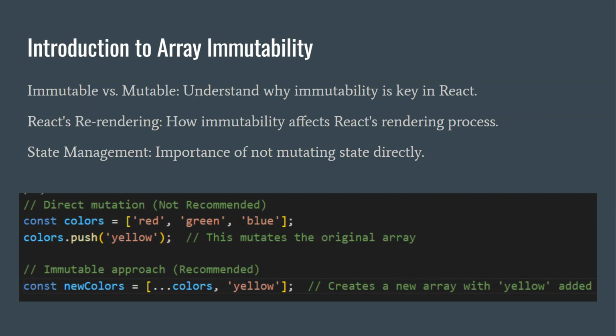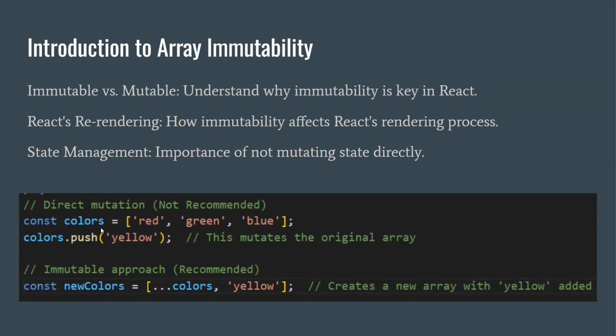React relies on immutability to optimize re-rendering processes. When state is treated as immutable, React can quickly determine if changes have occurred, leading to more efficient updates. This approach not only improves performance, but also helps us keep our application predictable and bug-free.